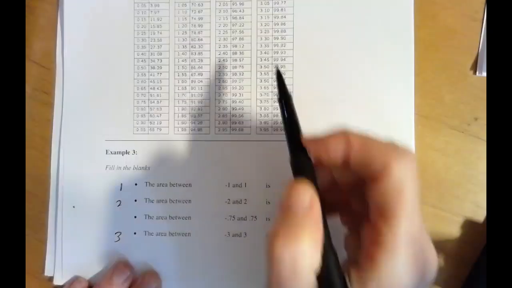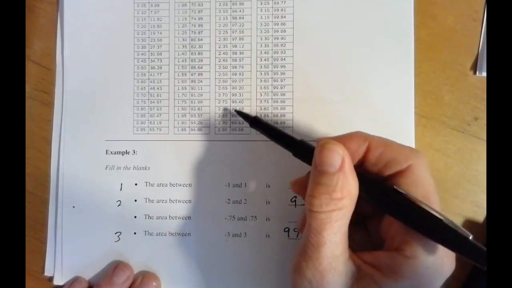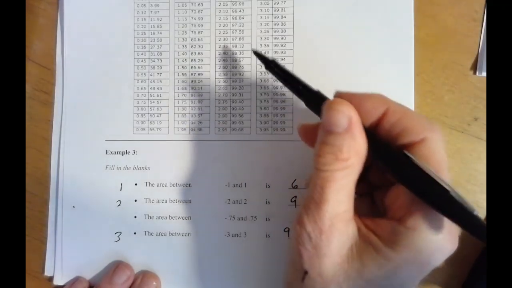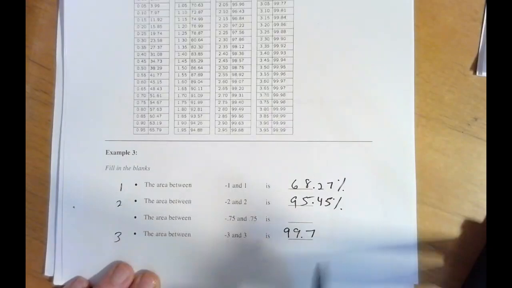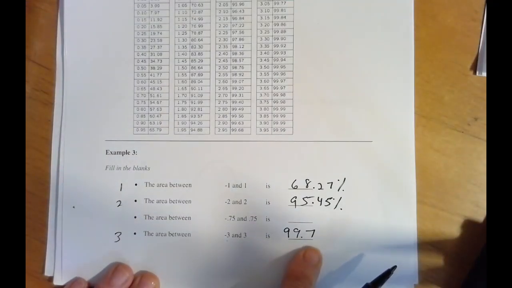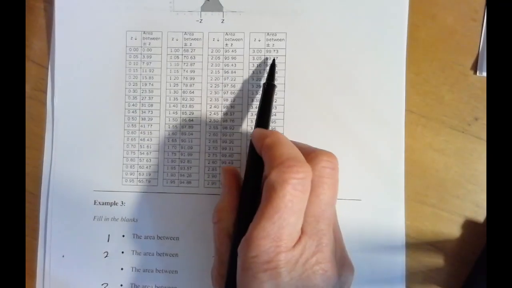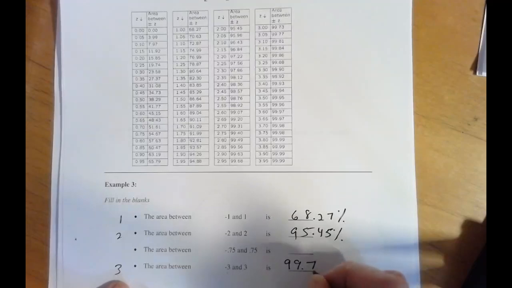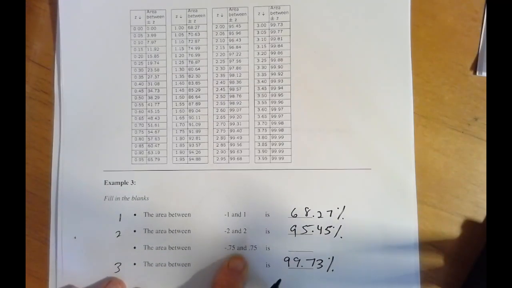As you get towards the tail, look how many values are at 99. Starting at way up here, look at all these 99s. So that's why we rounded to 1 decimal place. But if we wanted to be a little more accurate, we could look here and see it's between 3 and -3 is 99.73.